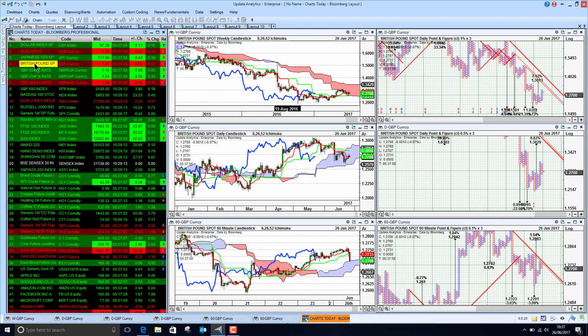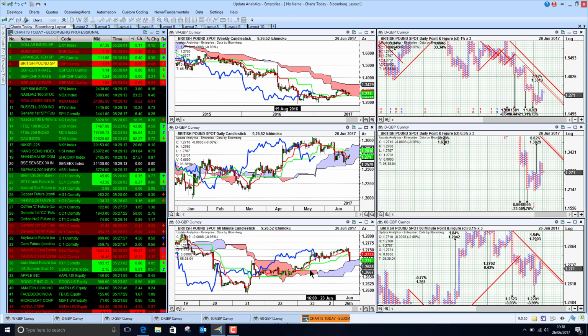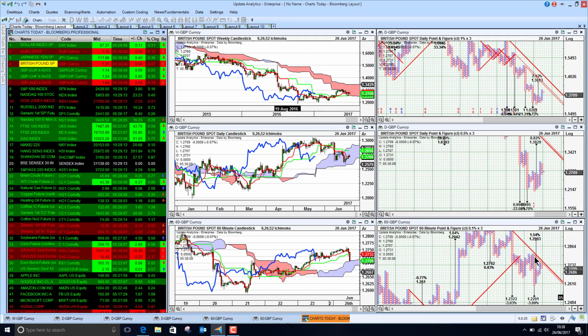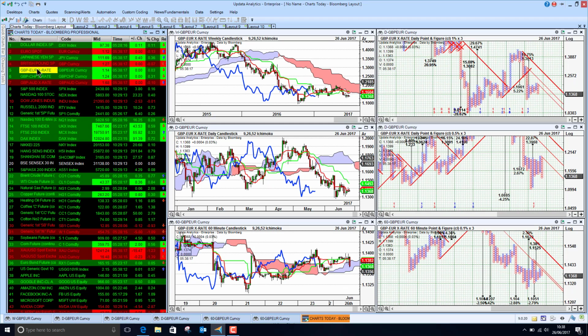Looking at sterling, it's falling right now, but it was stronger this morning and has been stronger the last couple of days. We are still bullish above the cloud, but hitting quite strong resistance. Bullish in the medium term chart, but the long term chart is still bearish against the dollar. Against the euro it's much weaker here.